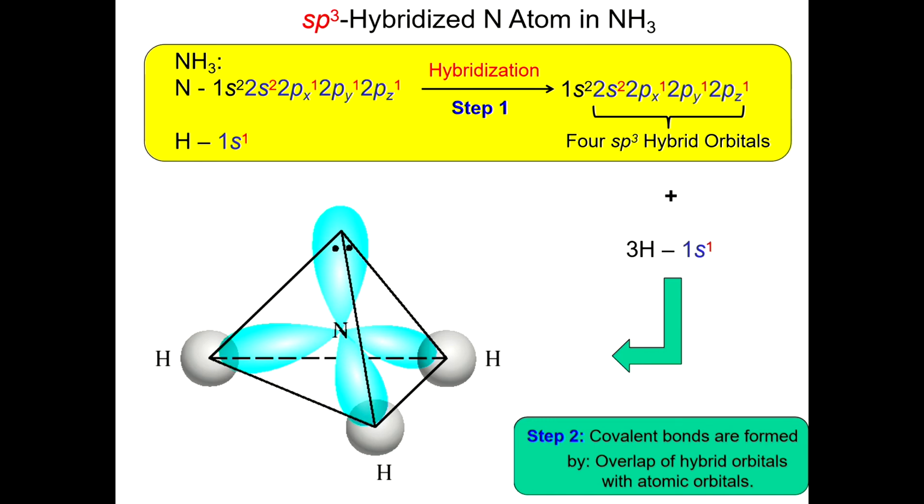In this case, overlap of hybrid orbitals with atomic orbitals. We know hybrid orbitals are from nitrogen. Atomic orbitals are from hydrogen. The hydrogen is 1s, so the 1s is not a hybrid orbital. It's just an atomic orbital. So in this case we can overlap the hybrid orbitals with atomic orbitals.